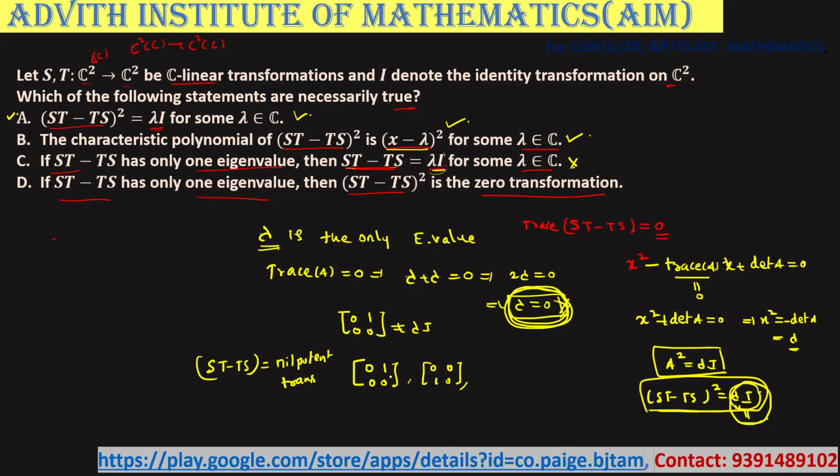It is in this form. Since it is a 2 by 2 matrix, its whole square should be equal to 0. So option D is true. Therefore options A, B and D are correct. Thank you.